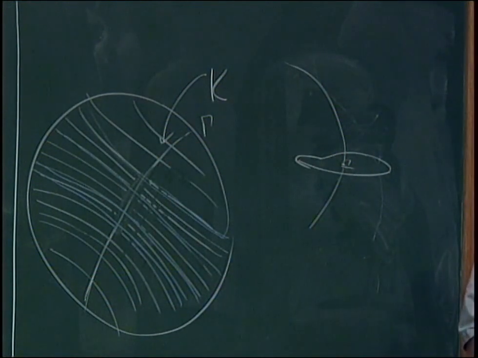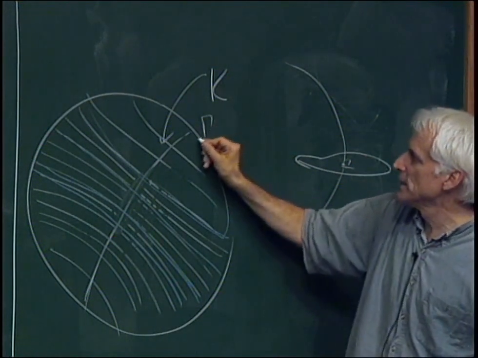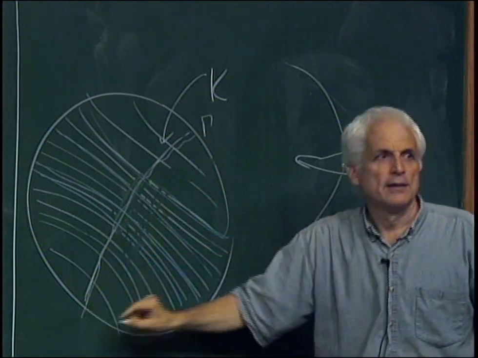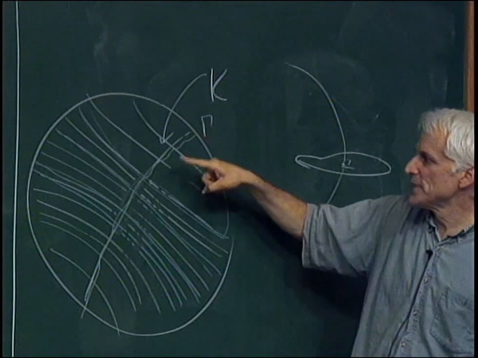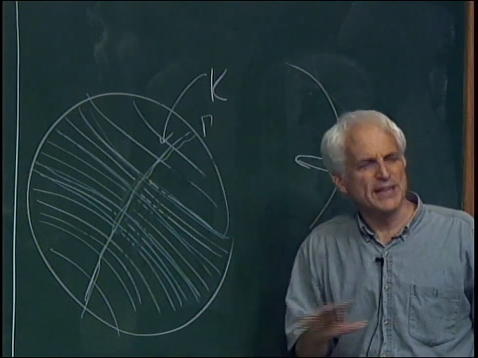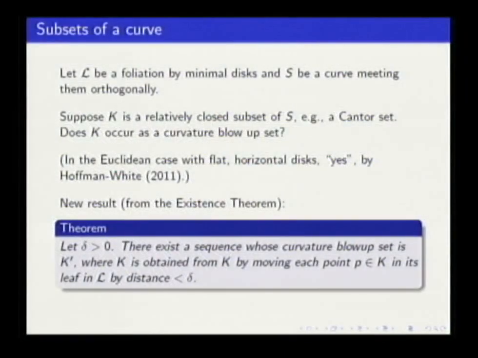That's what I would like to do, and I don't know how to do that. But what the theorem says is if you allow me to perturb this curve a little bit, then I can make the curvature blow-up set be exactly where that perturbed curve intersects those leaves. So I can't get exactly the Cantor set I want, but I can get a Cantor set that's very, very close to it. Okay, so I'll stop there. Thanks.